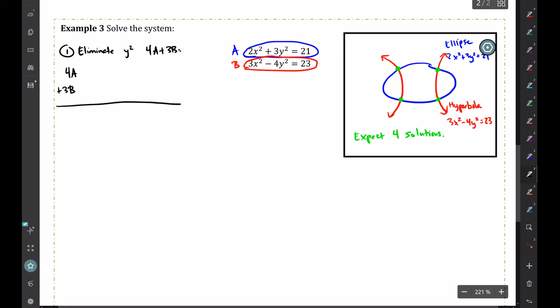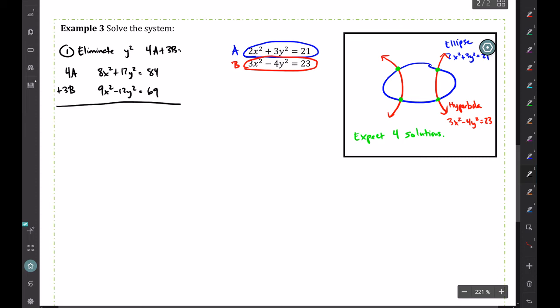So that would be 8x squared plus 12y squared equals 84. And 3B would be 9x squared minus 12y squared equals 3 times 23, which is 69.